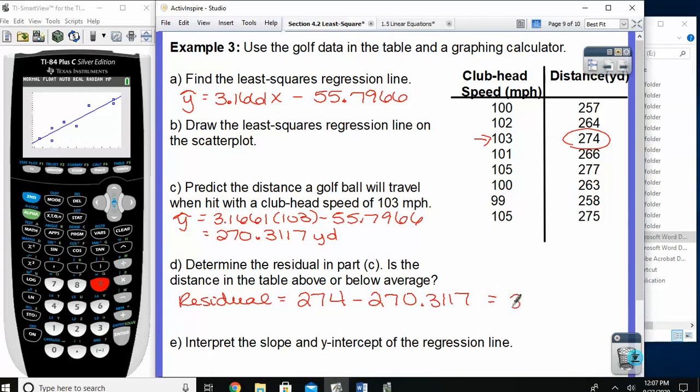And I get a residual of 3.6883 yards. So that's the difference. My equation would have been about 3.7 yards off of what actually happened.